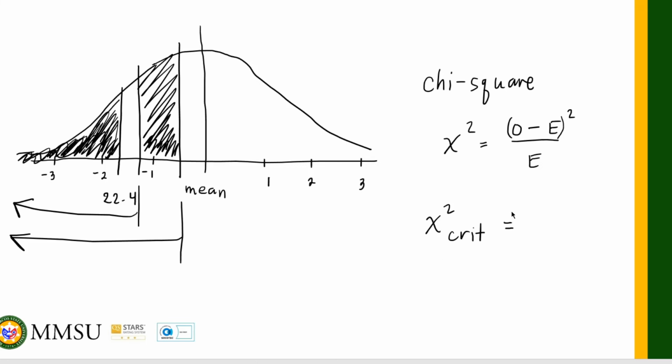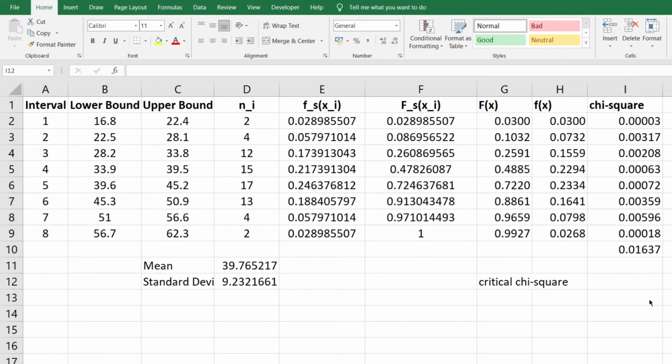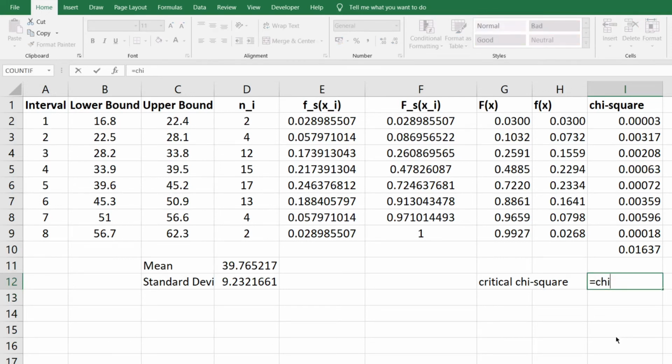Punta lang tayo sa equals chi-square, pero this time, punta tayo sa inverse. Chi-square, inverse, tapos dapat right-tailed. So, ayan yung gagamitin natin. Chi-square, inverse, right-tailed. Okay, kapag na-select nyo na yan, probability.